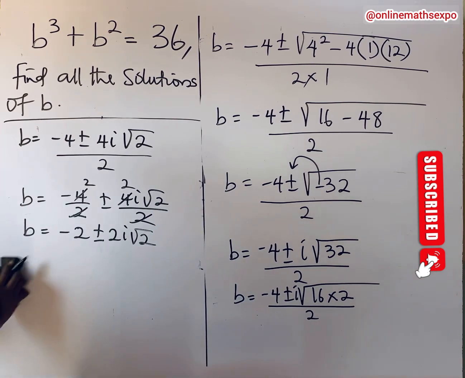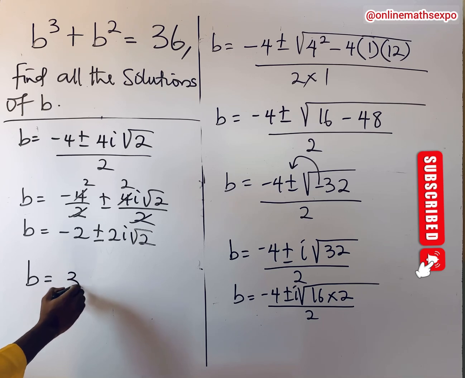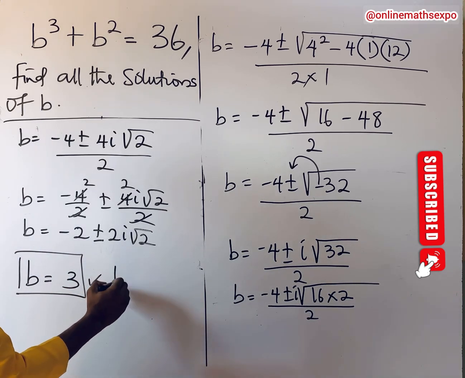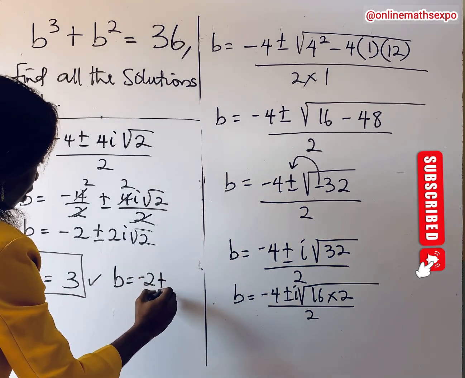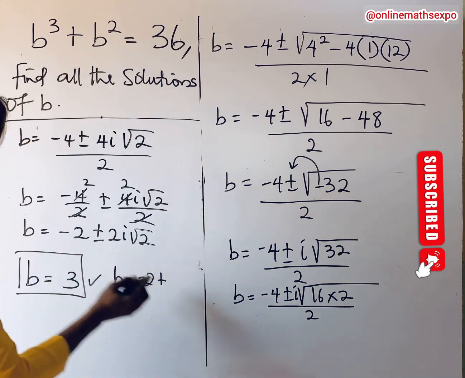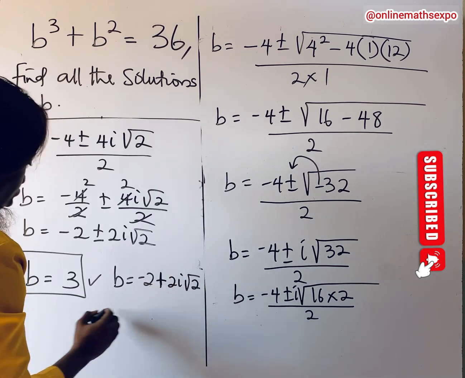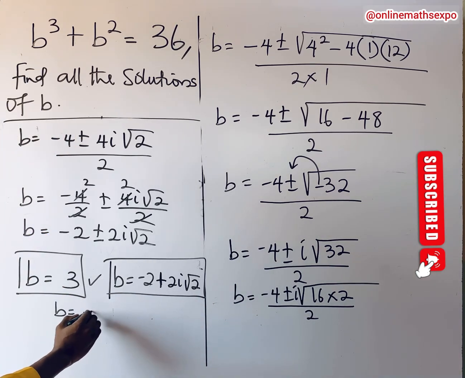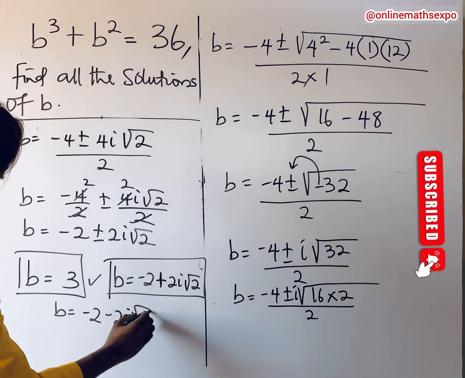So the first solution is b equal to 3. Then the second one is b equal to negative 2, let's take the positive one, plus 2i root 2. Then the third solution is b equal to negative 2, let's take the negative one, minus 2i root 2.